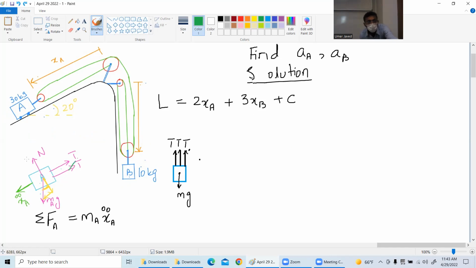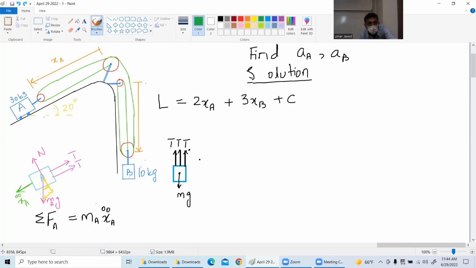Now, when it is sliding downward, this will actually come into use later. When you are writing this, you will write summation FA equal to MA X double dot. And you can see that if this is your reference line, then your XA in any case is positive in this direction. So no need to do anything special here.